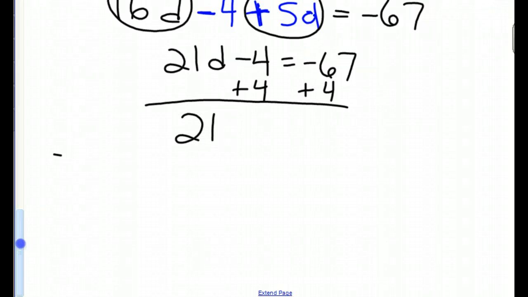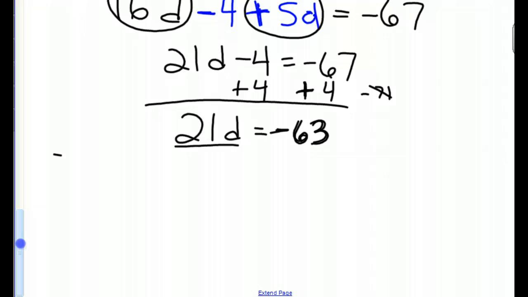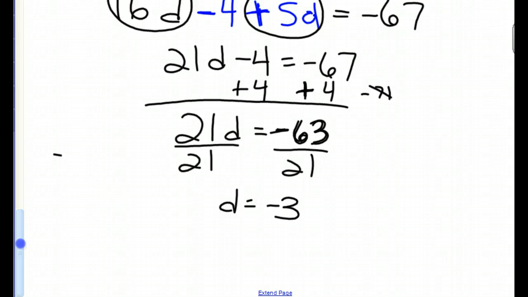We get 21d equals, now be careful here, negative 67 plus 4 is going to get us a negative 63. Don't add those together. It's not going to be negative 71. It will be negative 63. So now we divide both sides by 21, and we get d equals negative 3. It's negative because it's a negative divided by a positive.